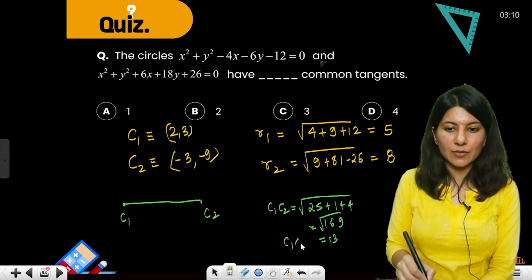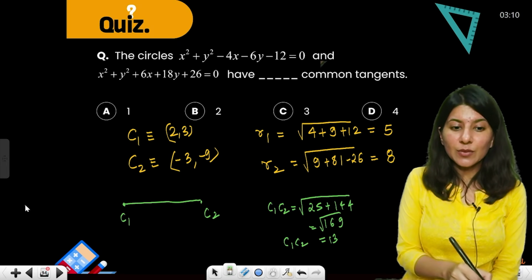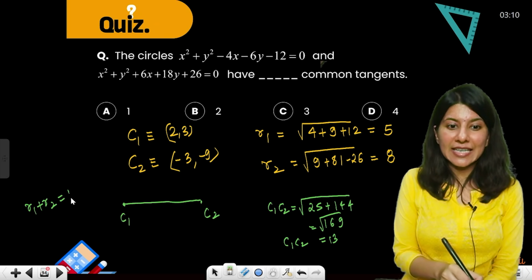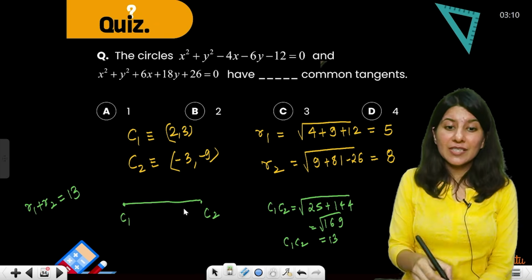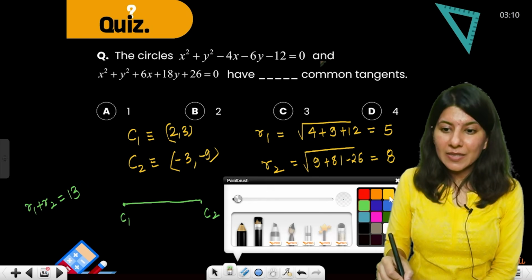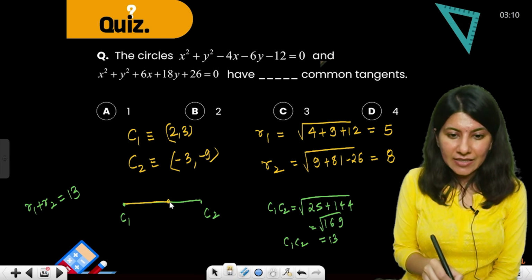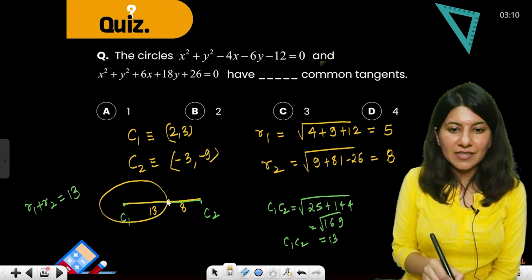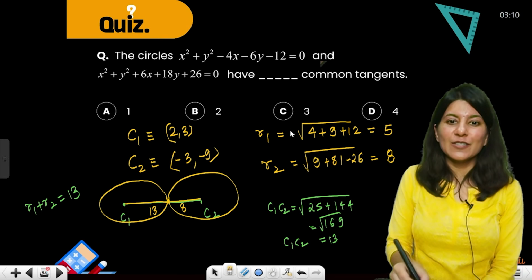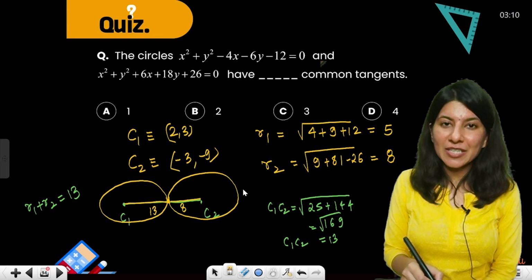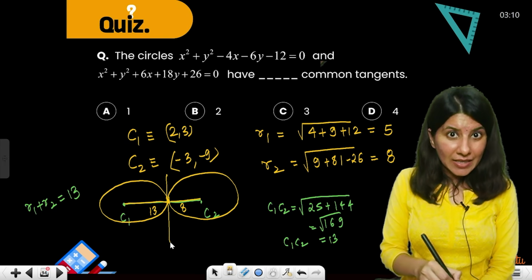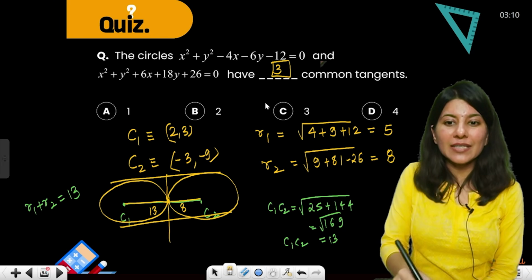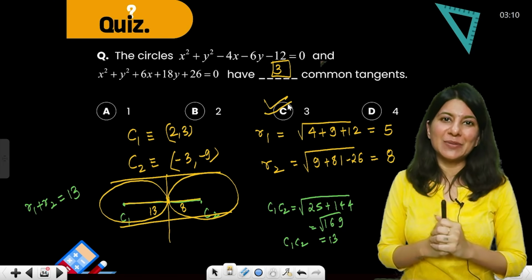And R1 plus R2 is 5 plus 8, which is 13. That means the circles touch externally. So how many common tangents in this case? 1 transverse and 2 direct, that's why 3 common tangents. Option C is absolutely right.